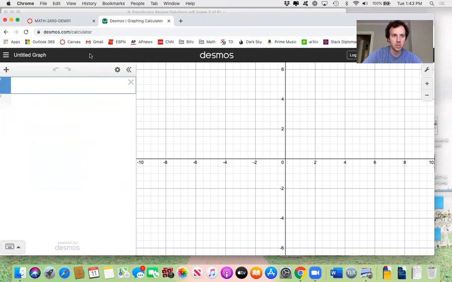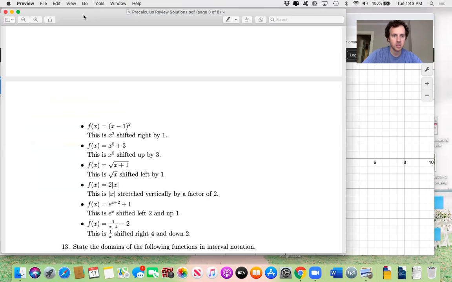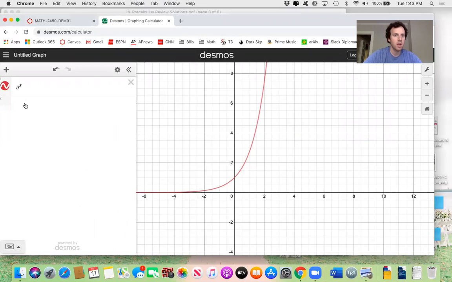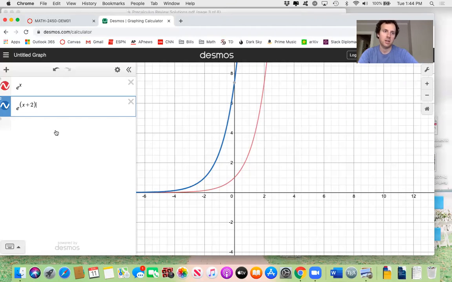So one thing that you can do, all right, let's take this one, e to the x plus 2, and then plus 1 outside. So the idea is you start with e to the x. That's this basic shape. And these extra things move it around. So for instance, e to the (x plus 2). Sometimes in here, we might need to put it in parentheses just to make sure that it's grouped correctly.